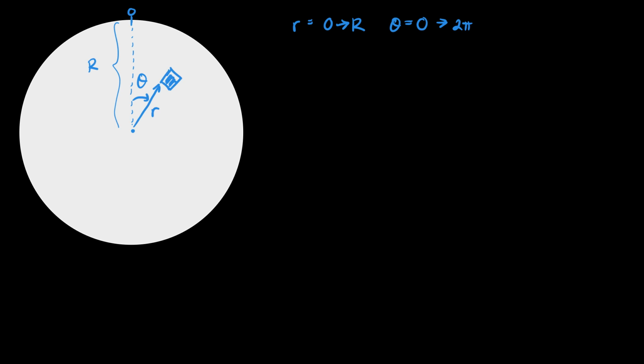Does that make sense? So I need to find a way to express this distance and express this distance so I can multiply them together to get dA, the area of my piece. You okay?